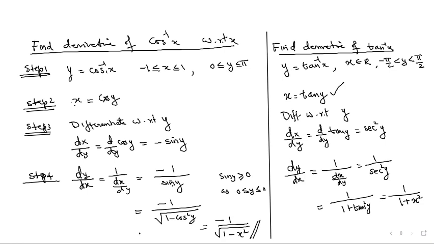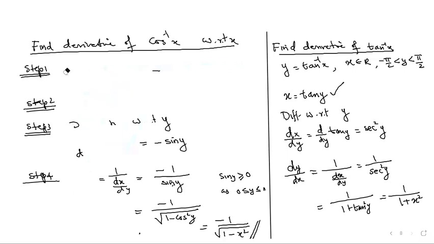So we have learned formulas for the derivative of sine inverse, cos inverse, and tan inverse. Got the technique of finding the derivative? Yes, sir. Okay. Now find the derivative of cot inverse x. Follow the same steps and learn it.